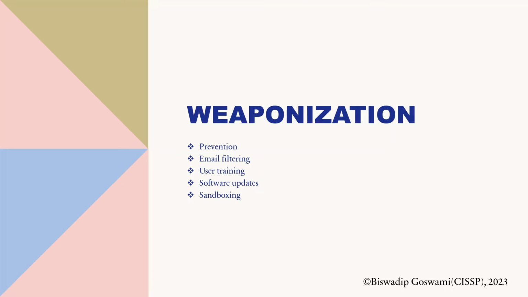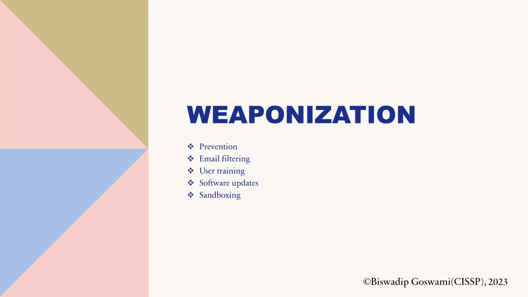Educating the users on safe mail and browsing habits can go a long way in mitigating weaponization. Teach users not to open suspicious emails or click on unknown links, and to report any suspicious activity to IT immediately. Software update. Keeping software up to date can prevent attackers from exploiting known vulnerabilities in the software to weaponize their payloads.